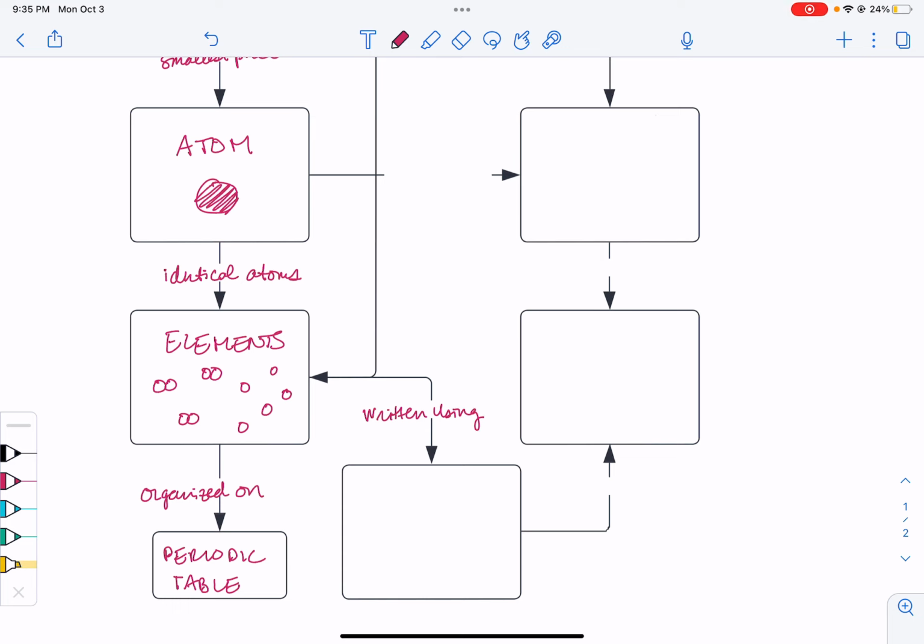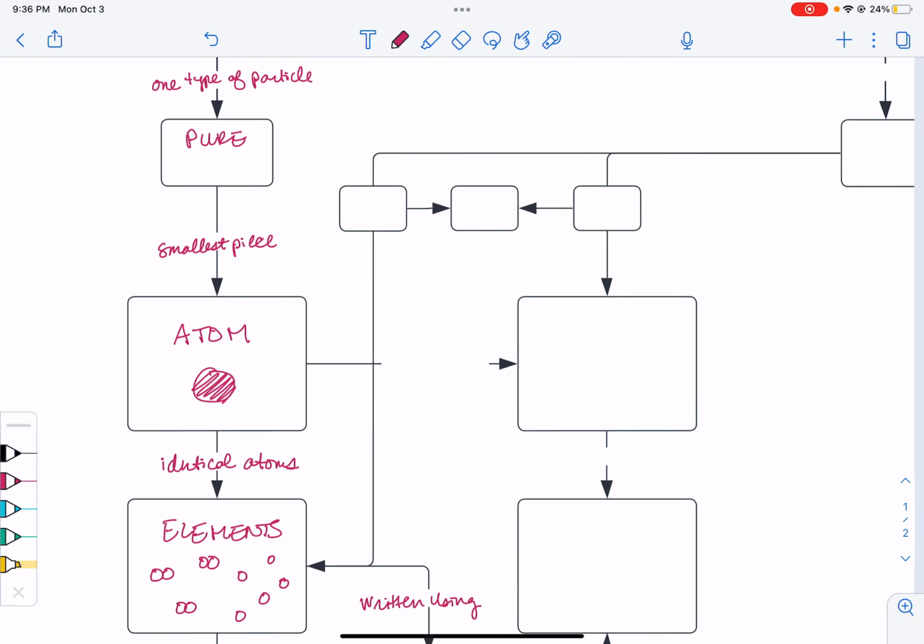So we can write about them using element symbols. And our element symbols are either going to have a single capital letter, such as boron, carbon, hydrogen, potassium, or it's going to have a capital letter and a lowercase letter, such as aluminum, chlorine, calcium, or neon. So those are our individual pieces.